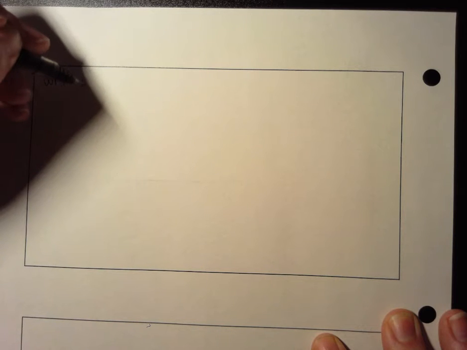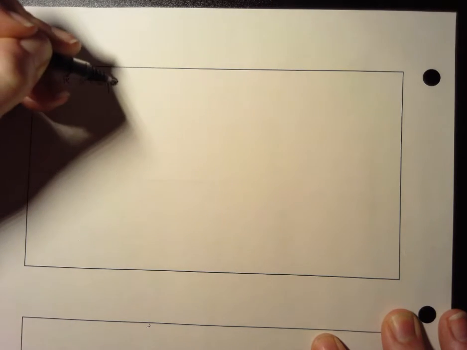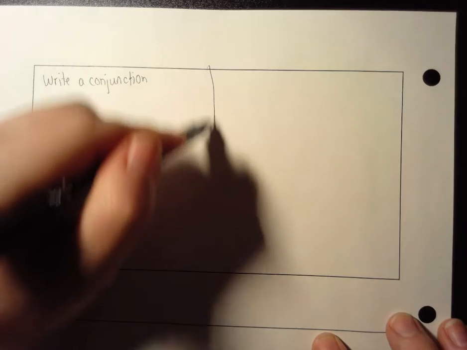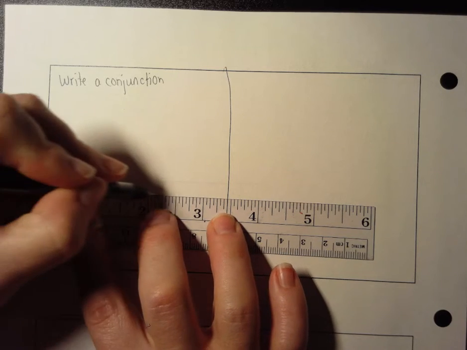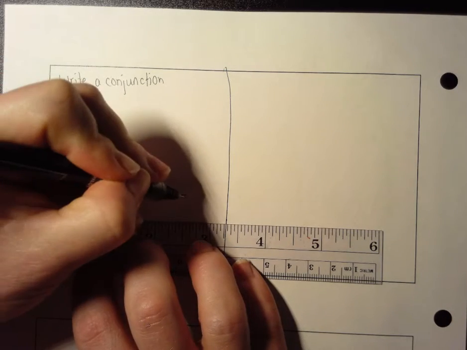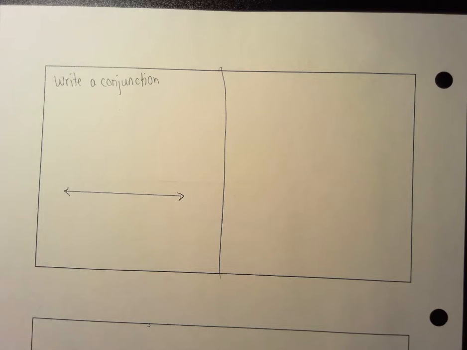Let's do another example. This time, I'm going to write a conjunction that describes a graph. So first I'll draw the graph for you, and then I want you to think about what conjunction can describe this graph.